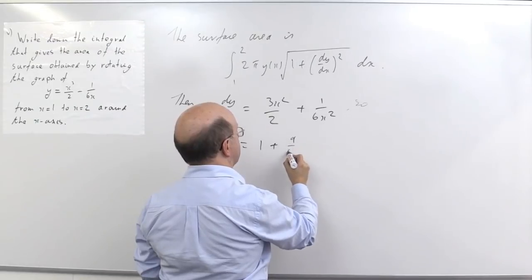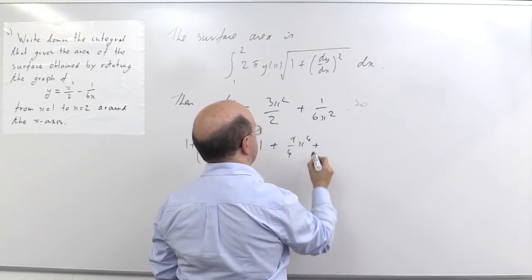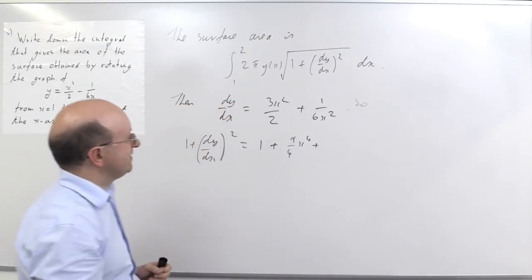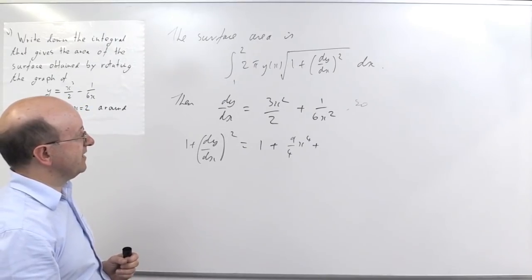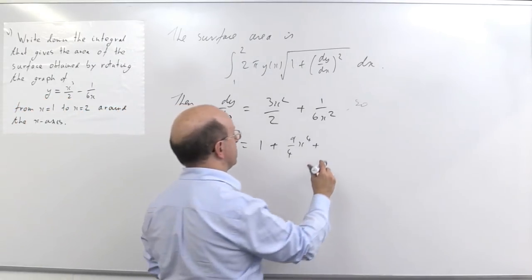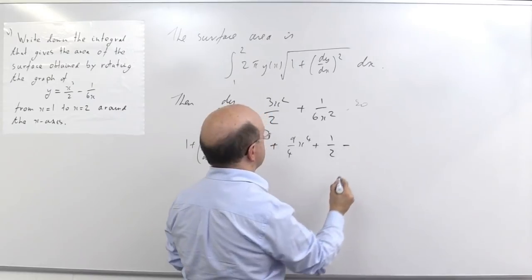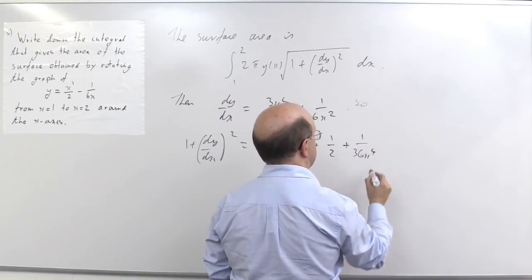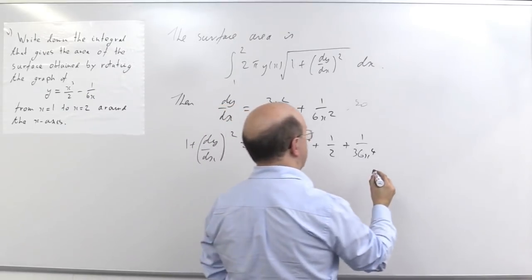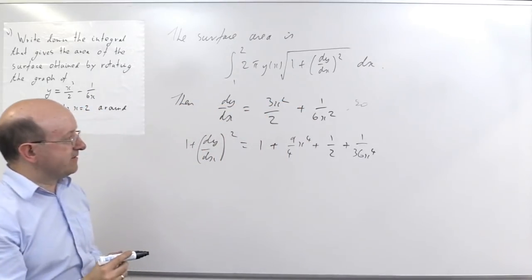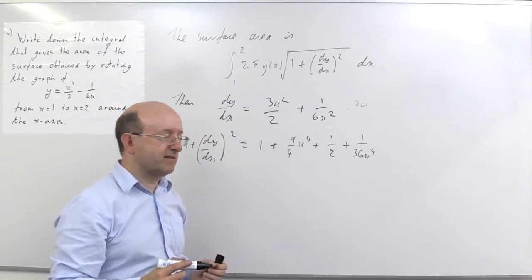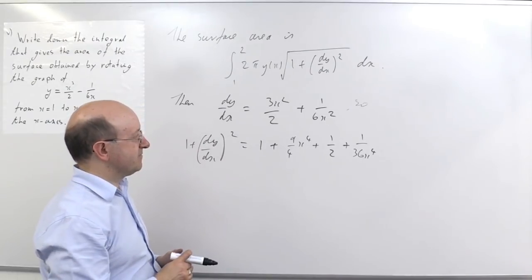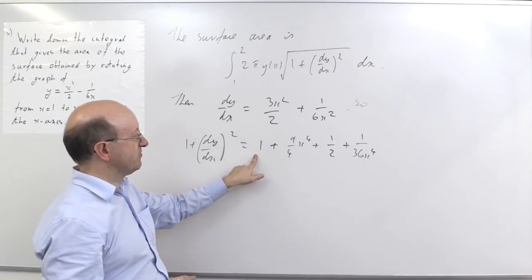You're going to get 9 quarters x to the 4th plus, well, happily there's some cancellation. The x squareds cancel off the 3s, we should get a half out of this, plus 1 on 36 x to the 4th. And there's not in fact anything we can do with that. Right? We can't rewrite that as a square with the extra 1 here.